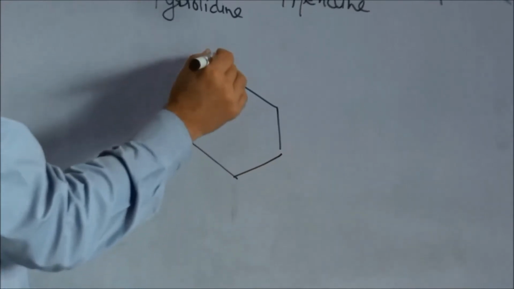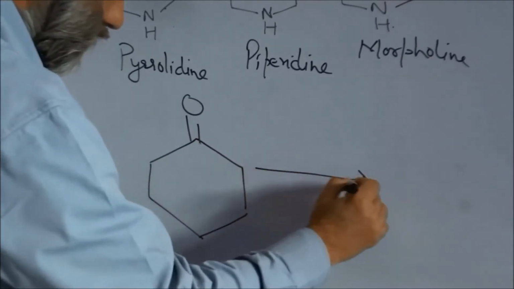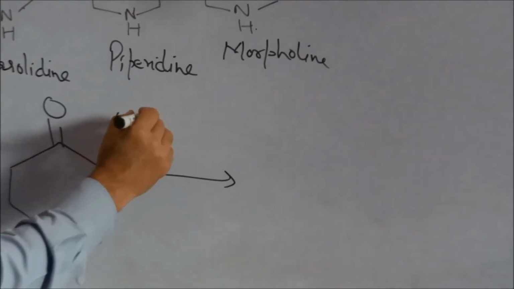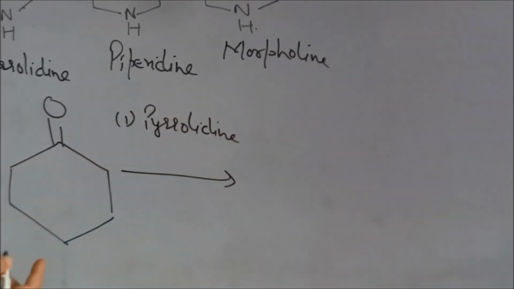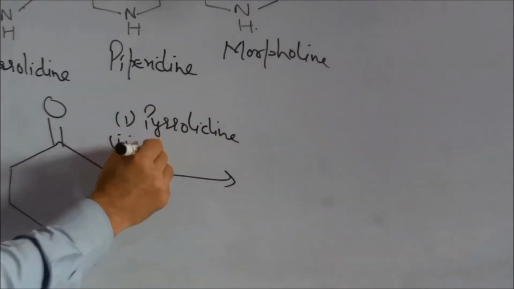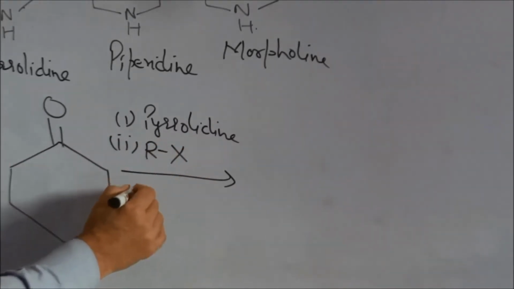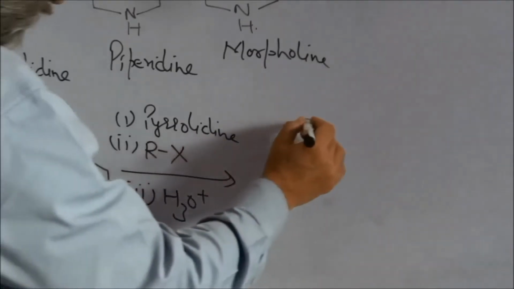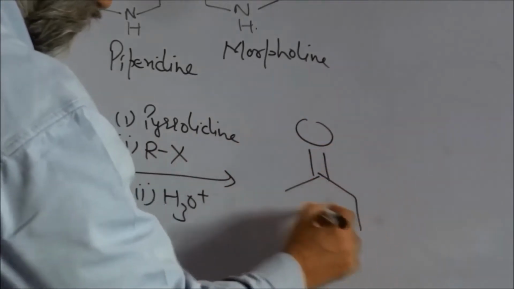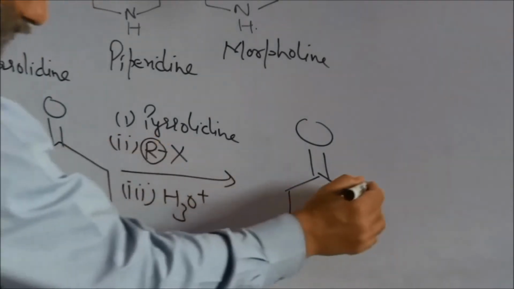For example, we have a ketone, which is cyclohexanone. We react it with any one of these three bases, for example pyrrolidine. What will form? An enamine will form. Second, we add an alkyl halide, which will give us an iminium salt. Third, we carry out hydrolysis. So overall, cyclohexanone is converted into a substituted product. This alkyl group is substituted at the alpha position.